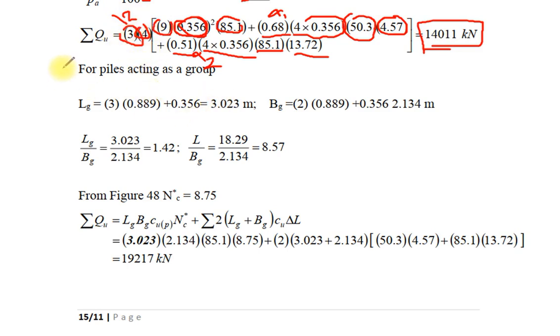In the second case, we have step 2. Step 2, compute the ultimate bearing capacity based on a block shear failure. We have to compute first LG and BG, length of the group and width of the group. Length of the group, since we have 3 by 4 piles, 4 piles and 4 by 3.